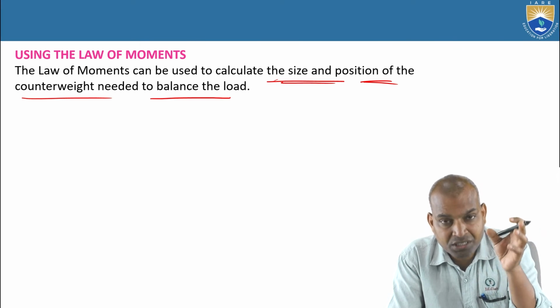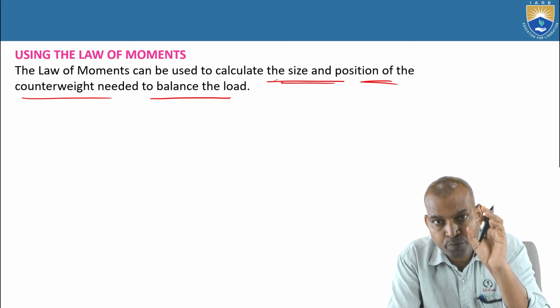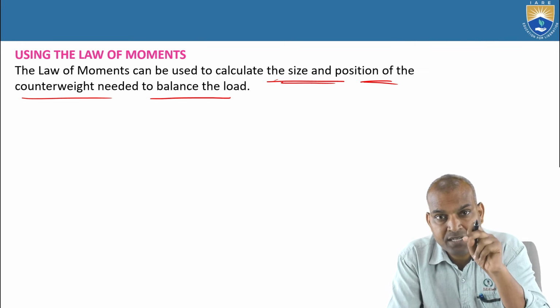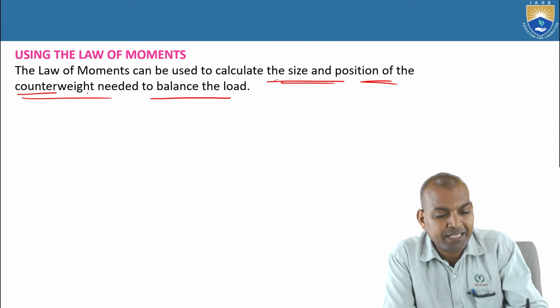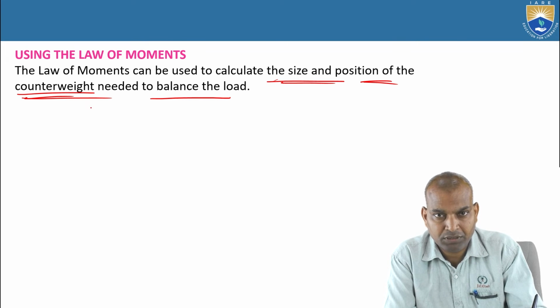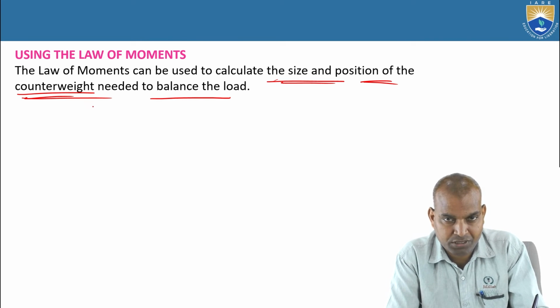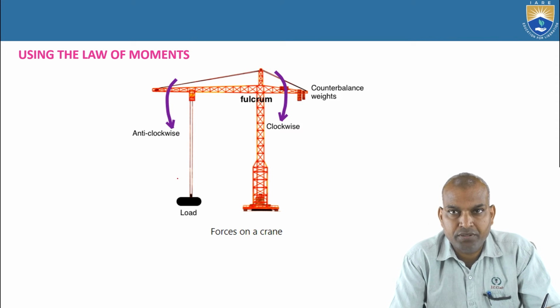In a multi-cylinder engine, different forces act and cause moments or couples. So how to balance it? We find the position of the counterweights in such a way that they balance the unbalanced forces.